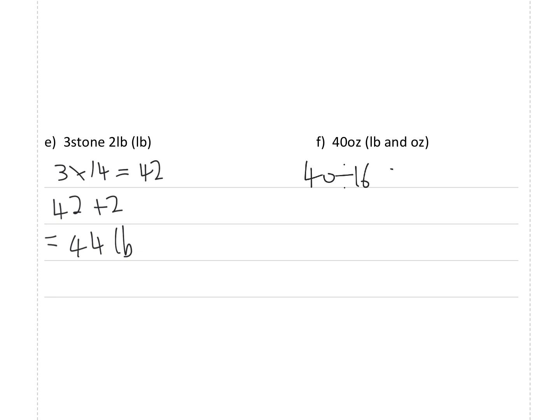You might think it's hard to divide by a large number like 16, but it's a small enough answer. 16 ones are 16, 16 twos are 32, 16 threes would be too many. That would be 48. So it only fits in twice. What's the remainder? Well, 16 twos are 32, so there's 8 remaining. So that gives you 2 wholes, which is your 2 pounds, and then you've got your remaining 8 ounces.